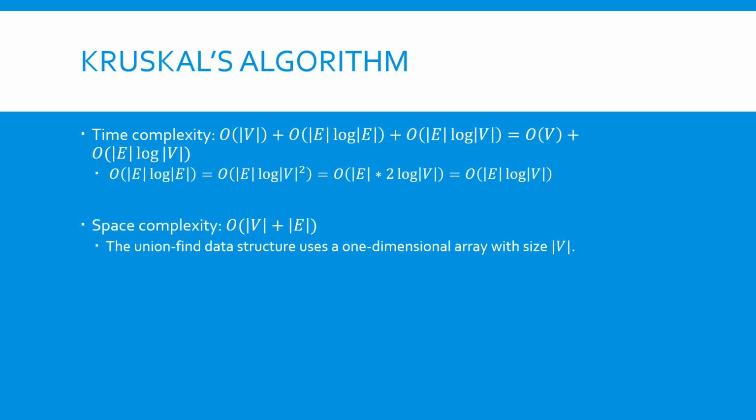The space complexity is O(V + E), which is used to store the graph itself. Note that the union find data structure only needs an array of size V. Therefore, we will not increase the space complexity. You can pause here to go over the details if it's not obvious to you.